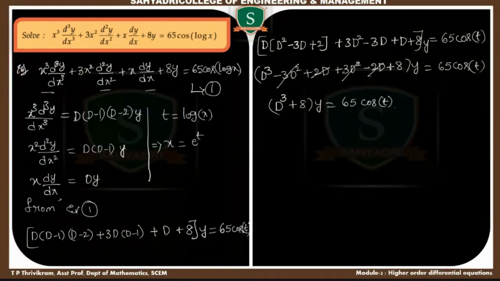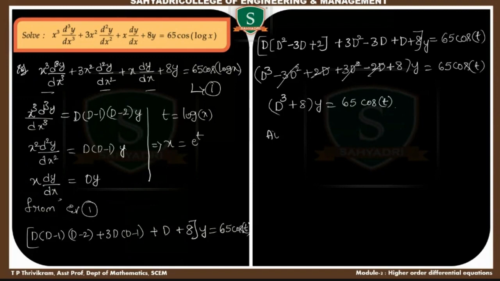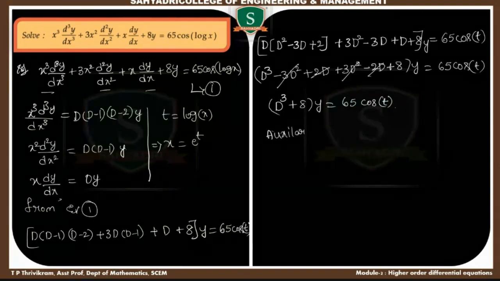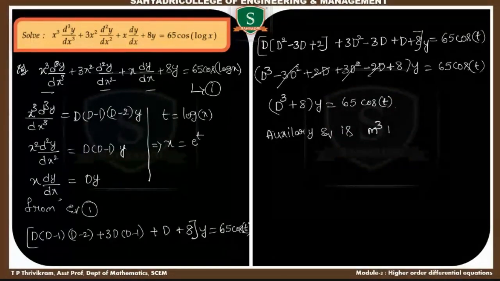Now this type of problems we have also done in type 2. Okay, this is related to the type 2 equation. So how to do this? First we'll find the complementary solution, that means the auxiliary equation is m cube plus 8 equal to 0. So first we need to do synthetic division for this because it is a cubic equation.